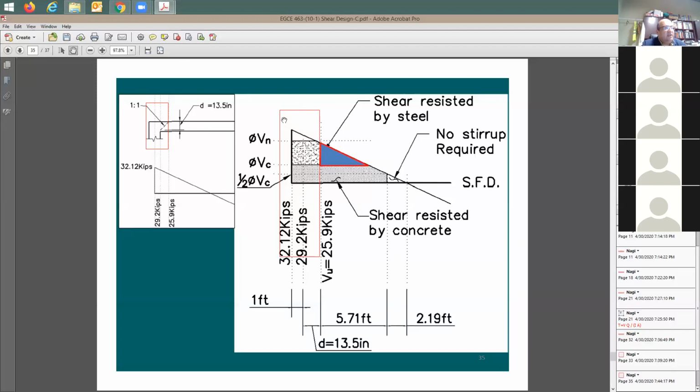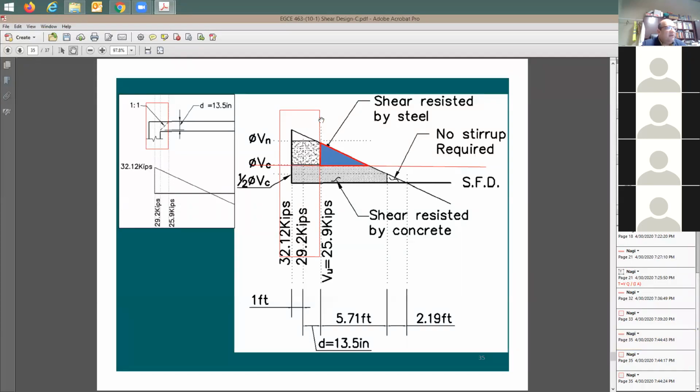Now, if I take the shear here and draw a straight line for Vc, this is going to be the concrete strength only. Let's provide that I have only concrete. All of this shaded section of the diagram is going to be taken by the concrete only.